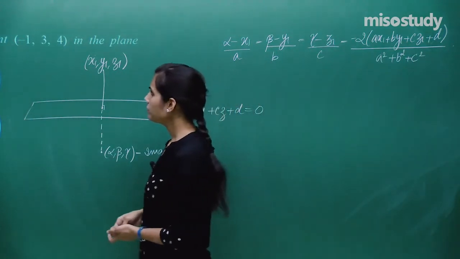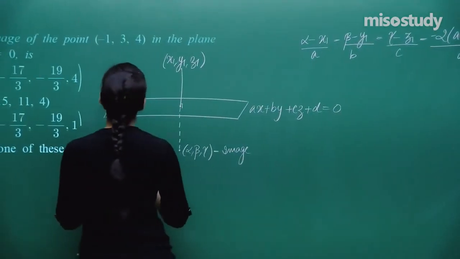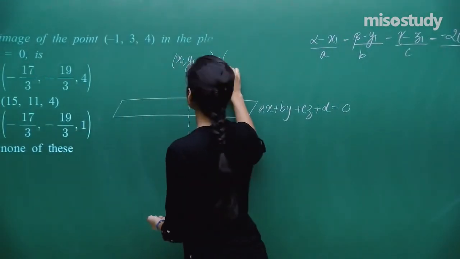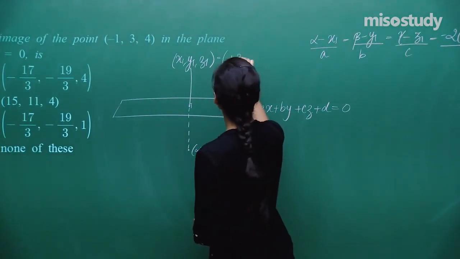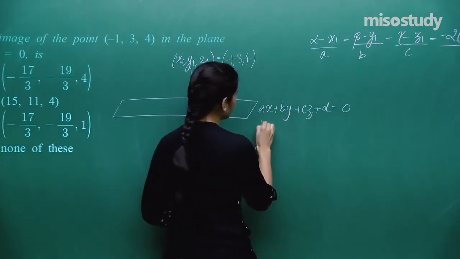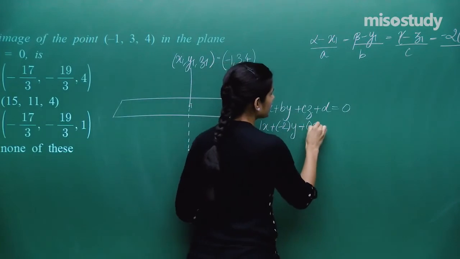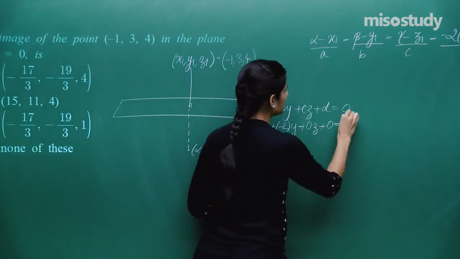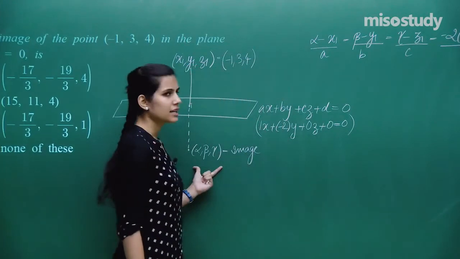So we have everything, we just need to use this concept of getting the image. x1, y1, z1 is given to me as the point, so minus 1, 3, 4. Plane is x minus 2y, so you have 1x plus minus 2y plus 0z plus 0 is 0. And I don't know the image, so alpha, beta, gamma I need to find.